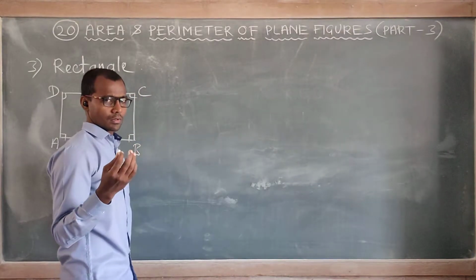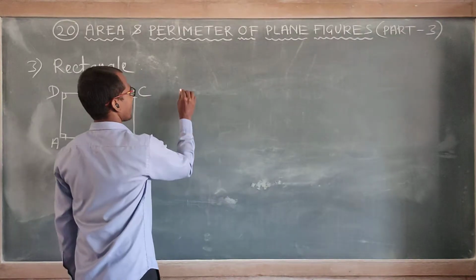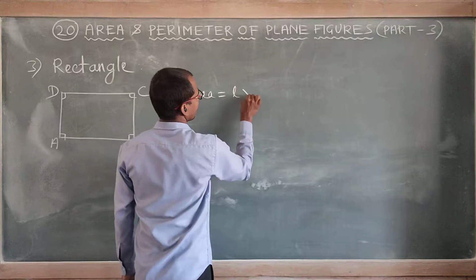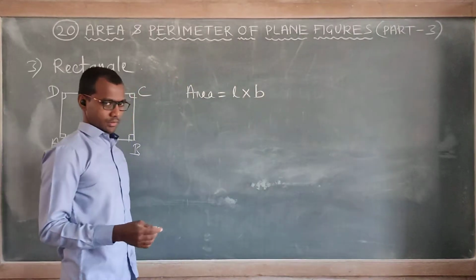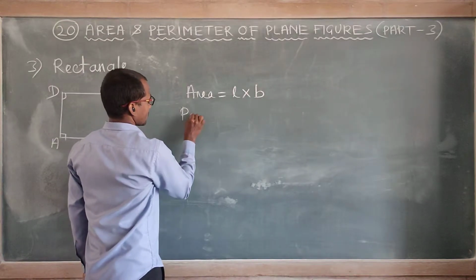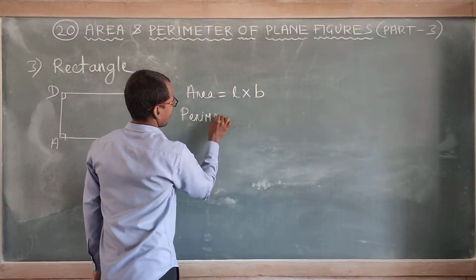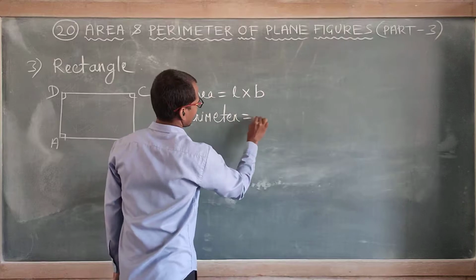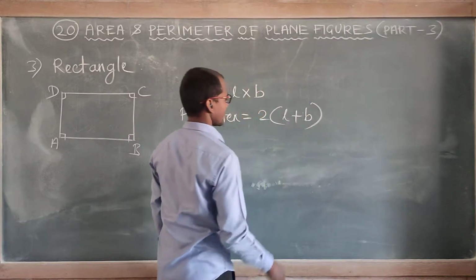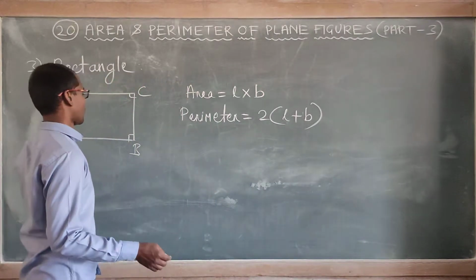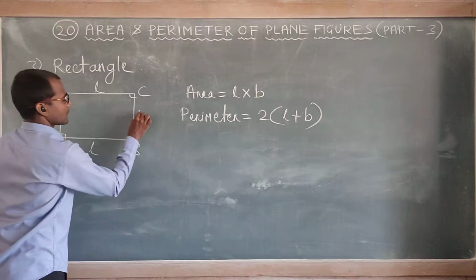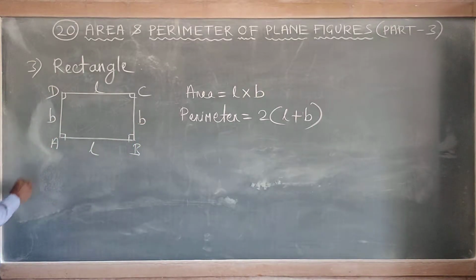Now from lower classes you already know the formula for area. Area is equal to length into breadth. Perimeter is equal to 2 whole length plus breadth. Suppose this is L, this is also L, this is B, this is B.